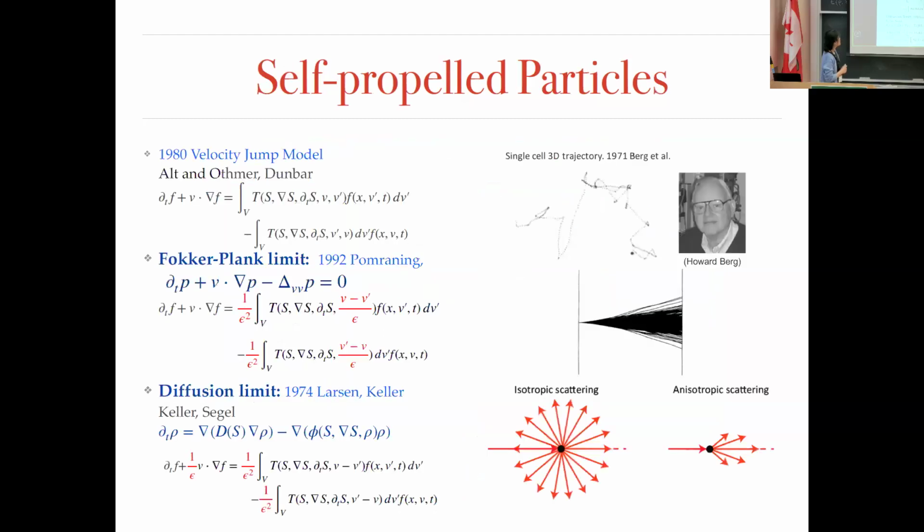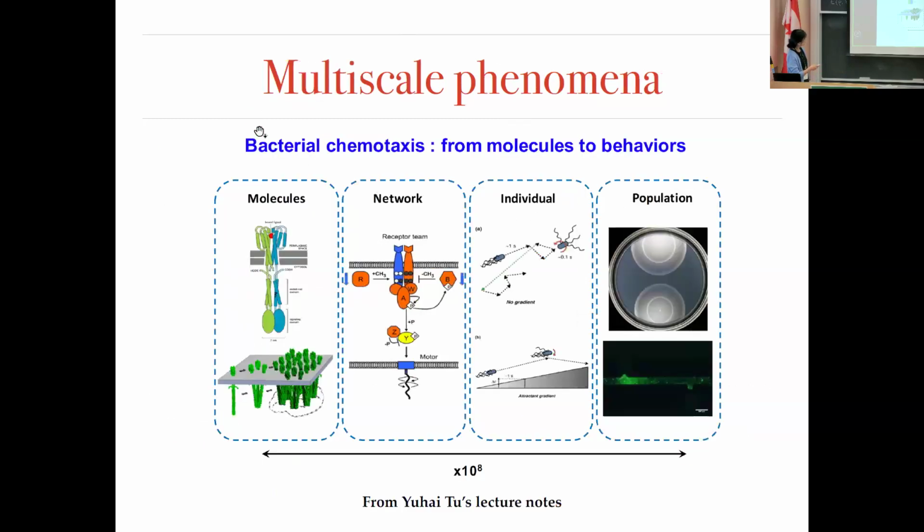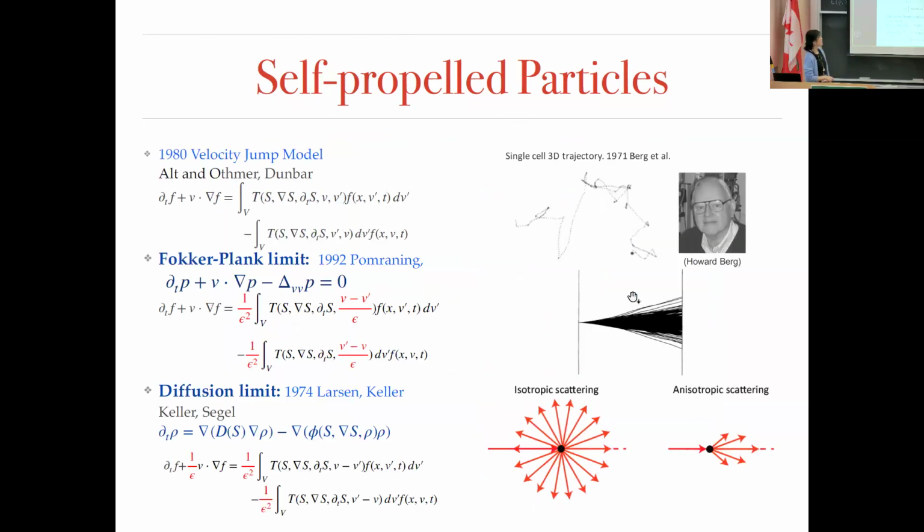What I'm going to talk about today is the scale from here to here. This is already very standard in the literature for chemotaxis. If we look at the trajectory of the cell, people use a kinetic equation to describe it.